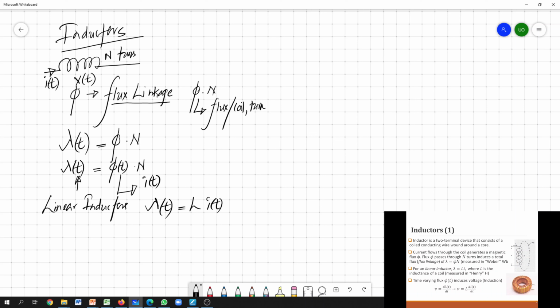So the total flux induced across this inductor is proportional to the current flowing through the inductor. This proportional coefficient is called the inductance of the coil.